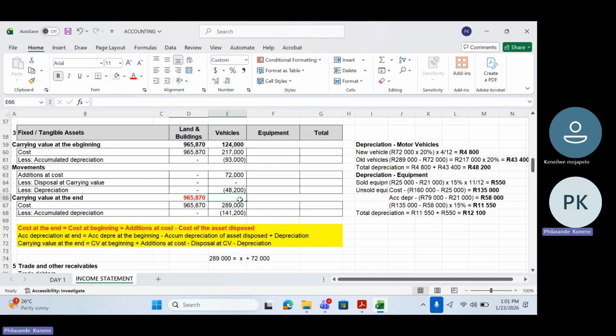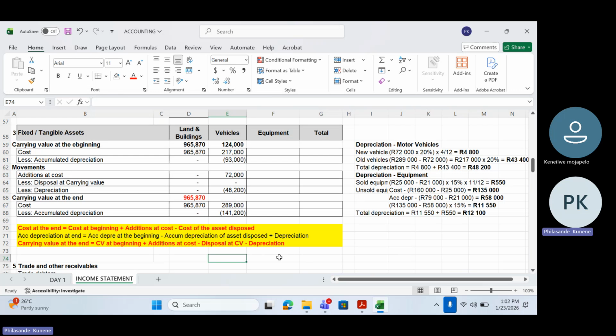And then now, how much is my carrying value? You can get this carrying value in two ways, because you said at the first that cost minus accumulated depreciation should give you this carrying value. But if you want to check that I did things right, there is another formula that you can also use to test yourself. You're going to get this amount using both formulas. Which one do you want to start with? The formula.